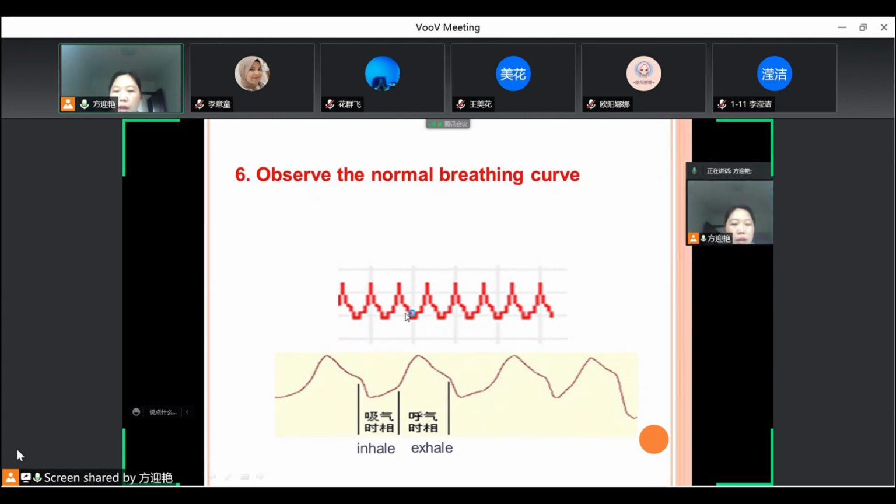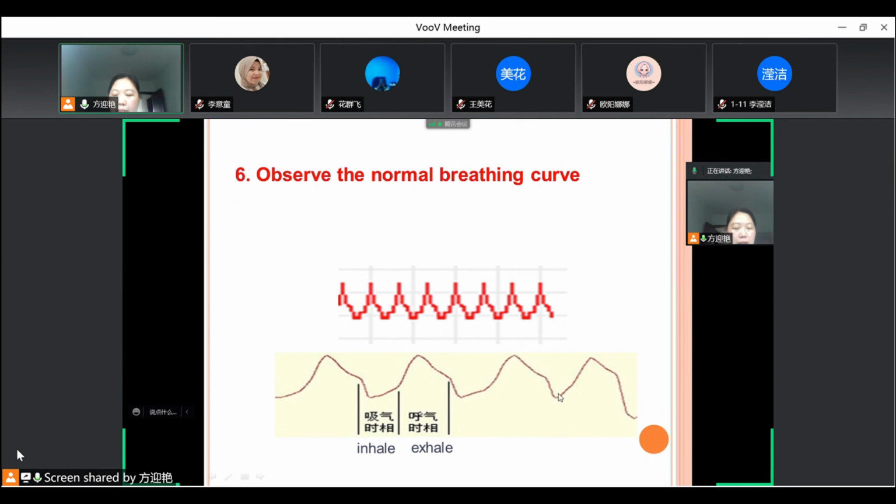This means the rate of the breathing curve, and this means the amplitude. This curve means inspiration, this means expiration, also inhale and exhale.